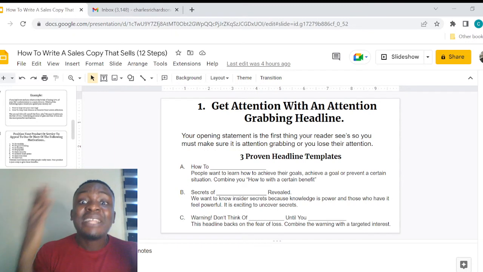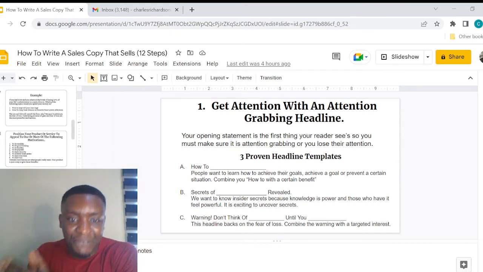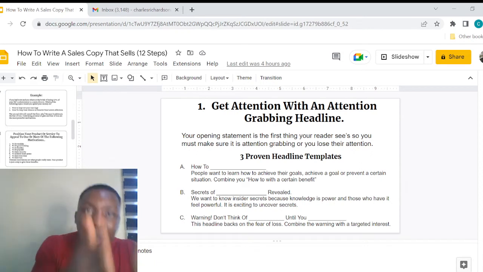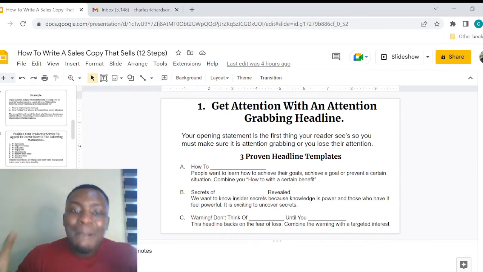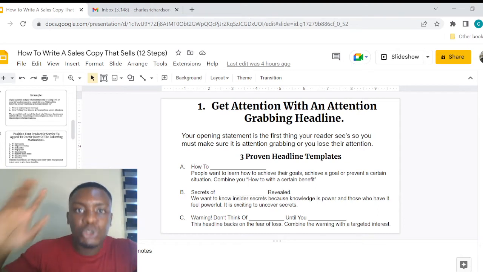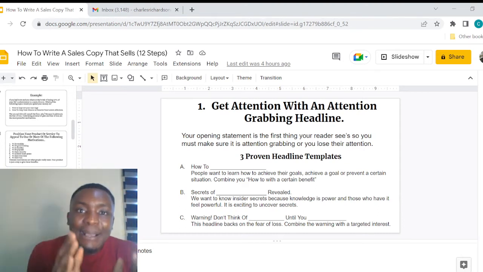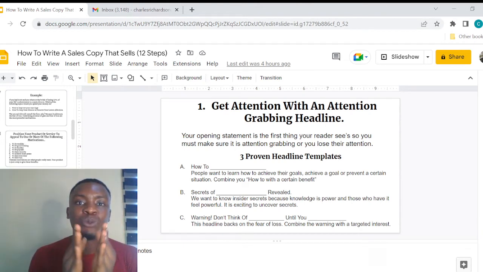Now, there are three headline templates that are proven to work every time. A, the how-to templates. Human beings want to learn how to do things, want to learn how to relieve pain, want to learn how to achieve our goals, we want to learn how to lose weight. So the how-to headline formula always works.